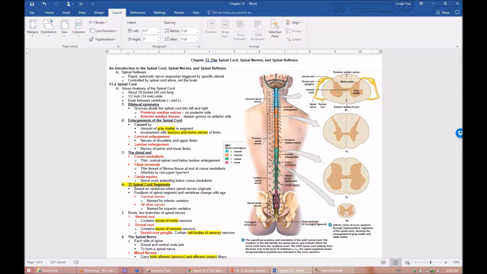Alright, section 13.1. Introduction to the spinal cord, spinal nerves, and spinal reflexes. So we have spinal reflexes. These are our rapid and automatic nerve responses that are triggered by specific stimuli. This is controlled by the spinal cord alone and not the brain.